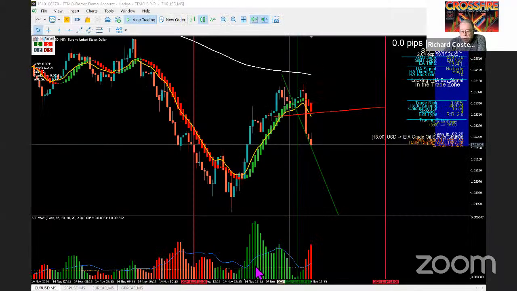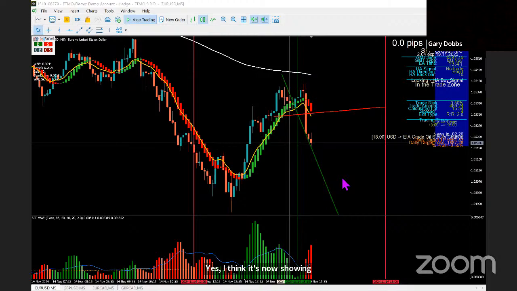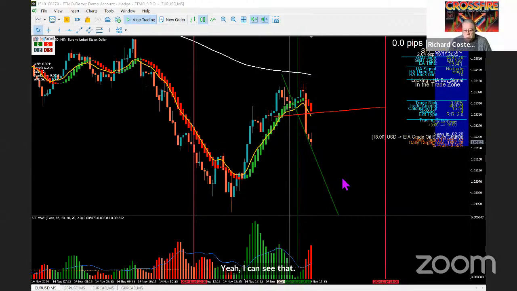It's not working correctly, so I'll try again. I'm trying to share my MP5. Yes, I think it's now showing. Yeah, I can see that. Okay, so we're eventually back to where we were.